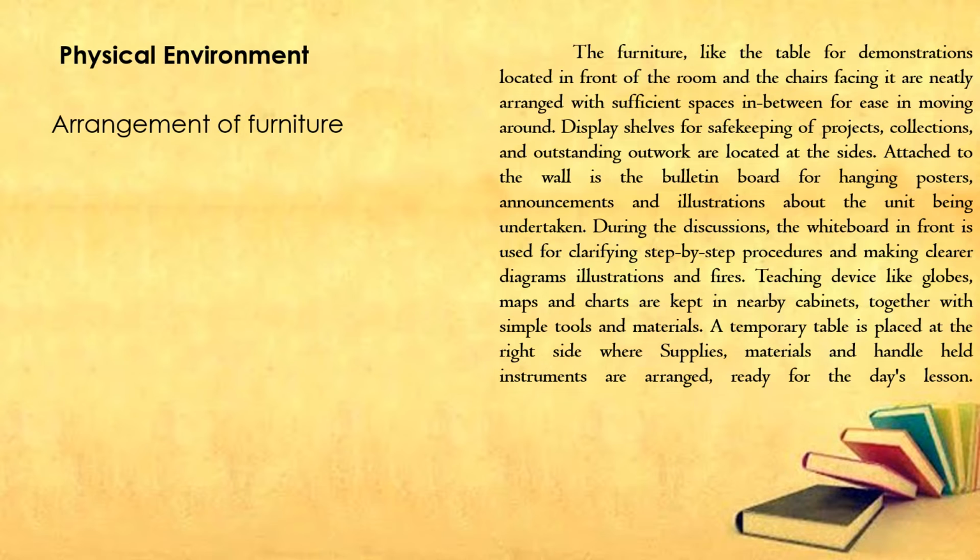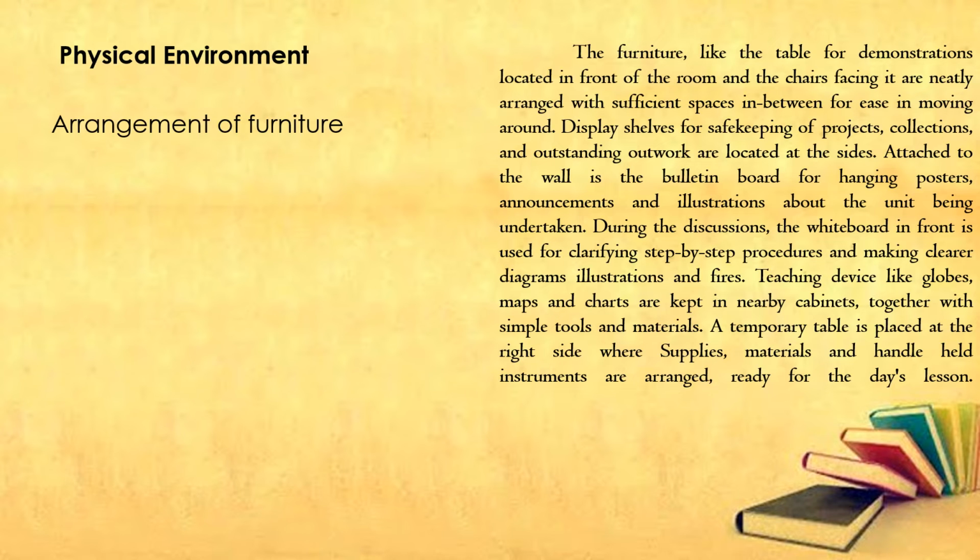Attached to the wall is the bulletin board for hanging posters, announcements, and illustrations about the unit being undertaken. During the discussions, the whiteboard in front is used for clarifying step-by-step procedures and making clearer diagrams, illustrations, and figures.